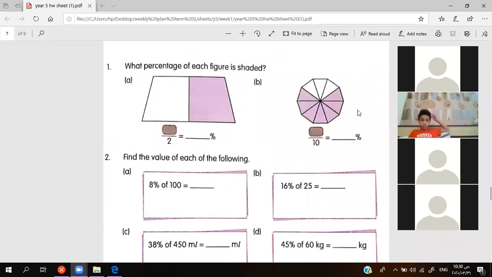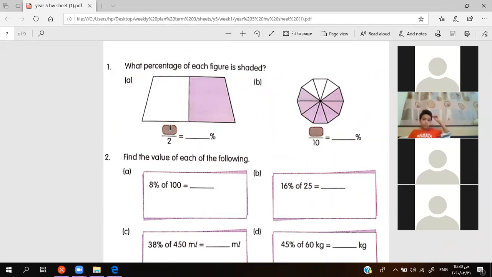What about here? This page is very important. Here you can see that the fraction is a half. It's obvious.